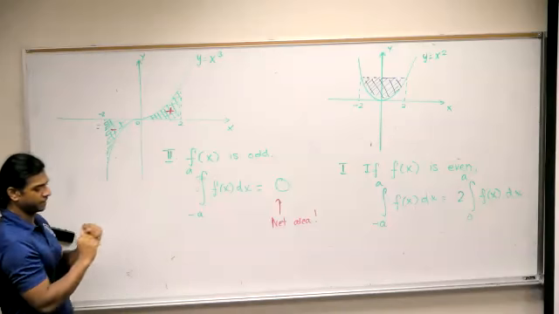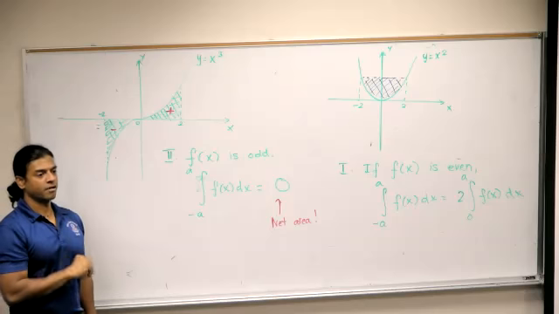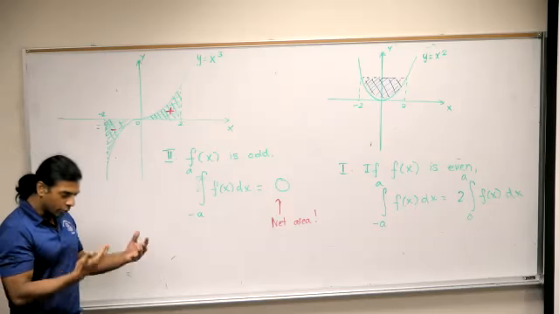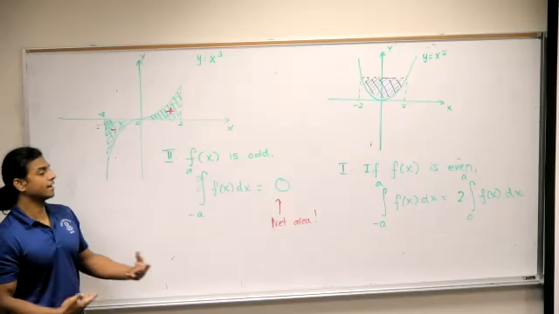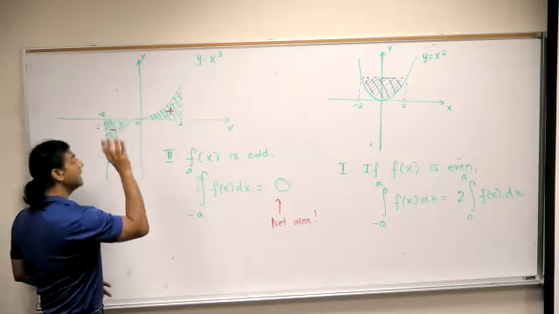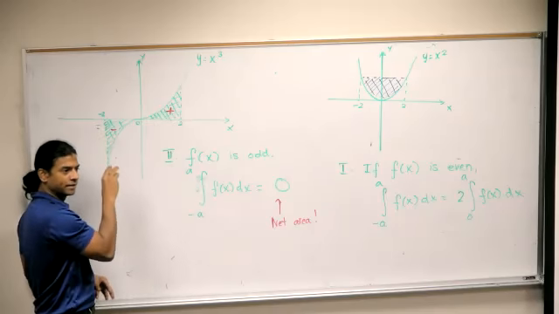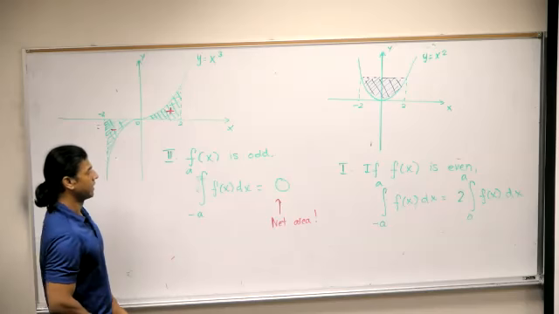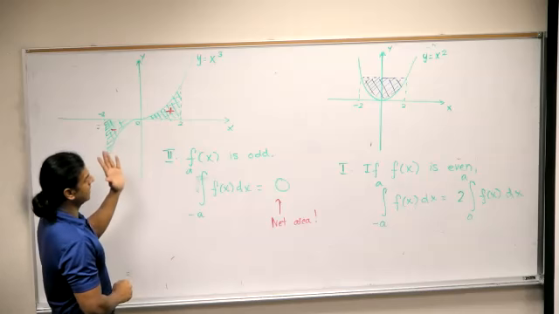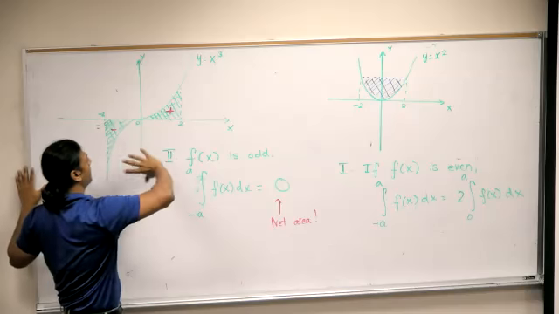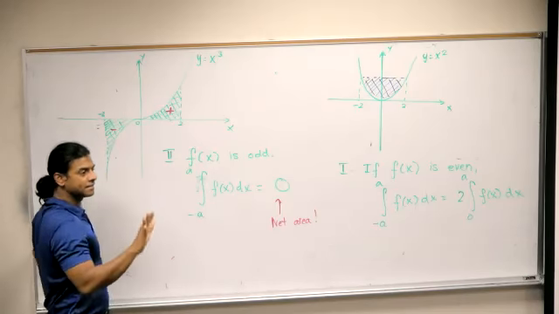Would that area be 0? No. On a piece of carpet, area is area. It's not negative, so you will be adding this to that. From a mathematical standpoint, the net area is 0 because the area here will get rid of the area there. See the difference?